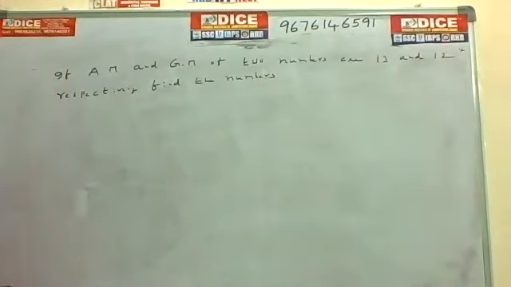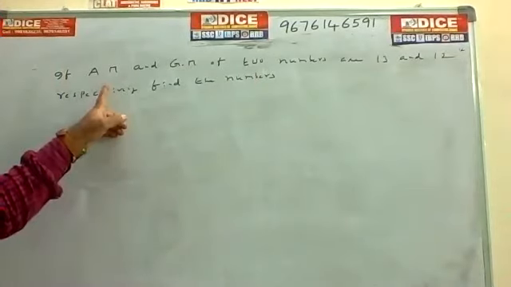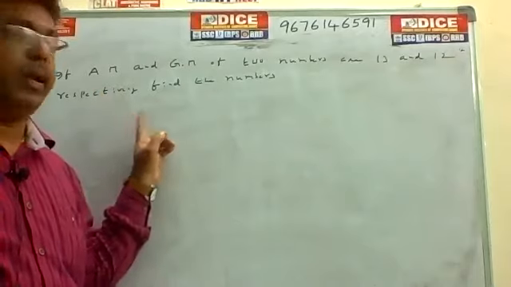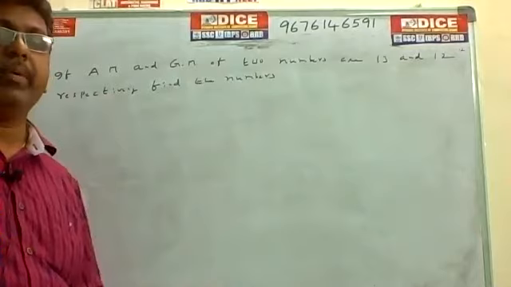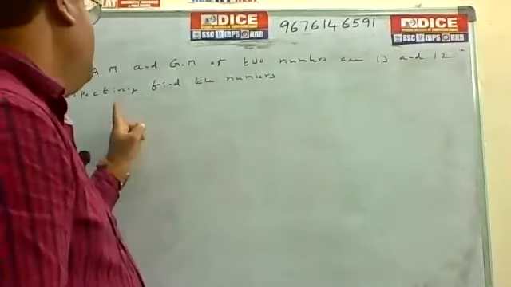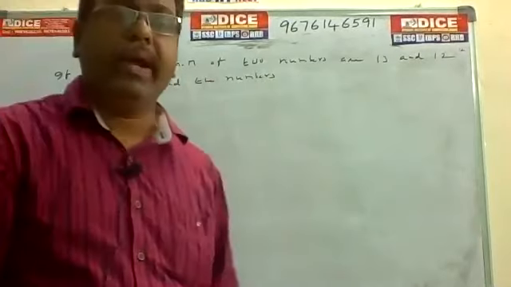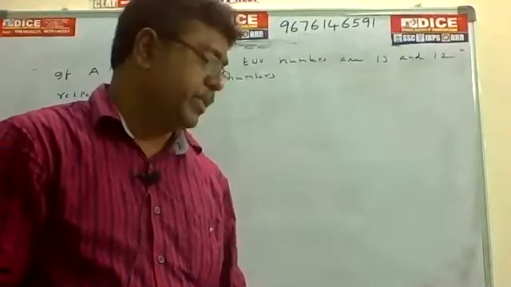AM means arithmetic mean, and GM means geometric mean. If the AM and GM of two numbers are 13 and 12 respectively, then find the numbers.